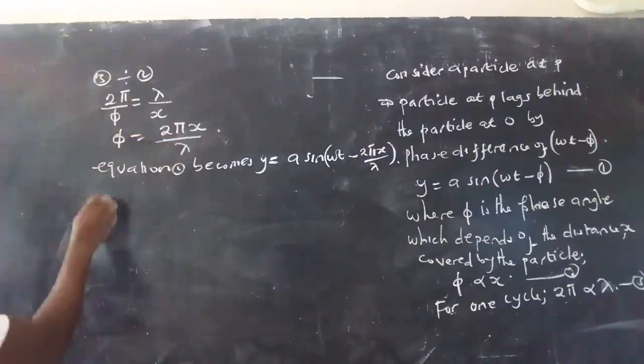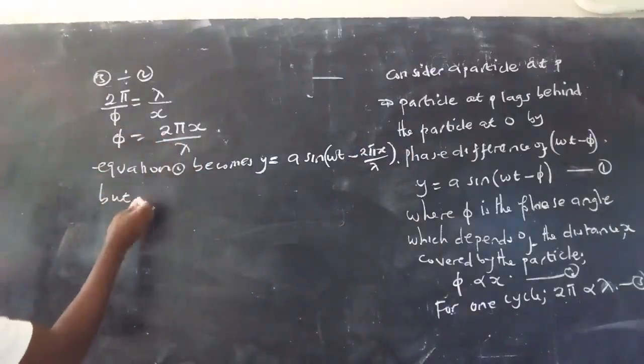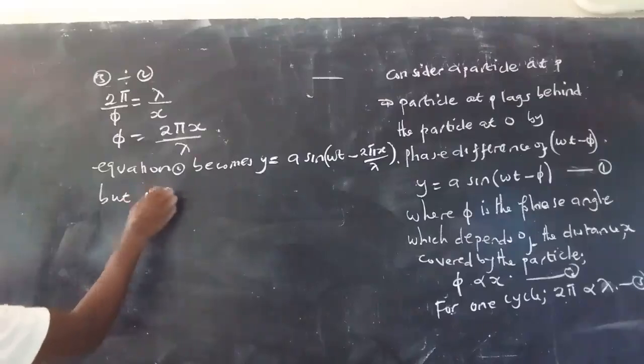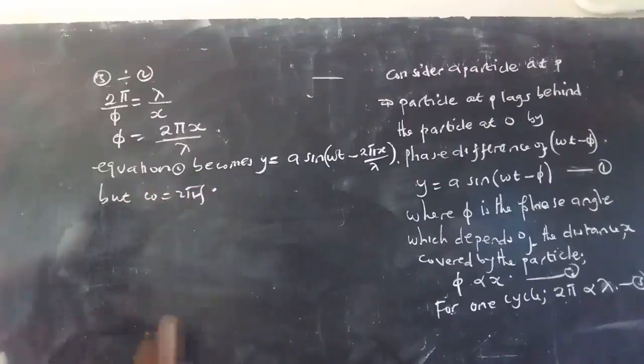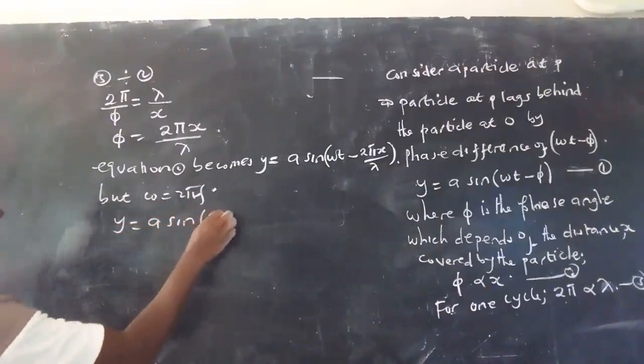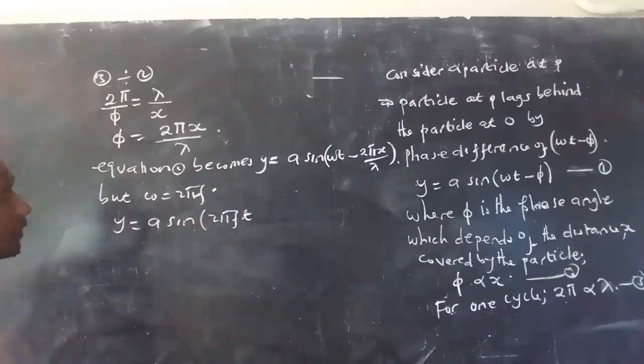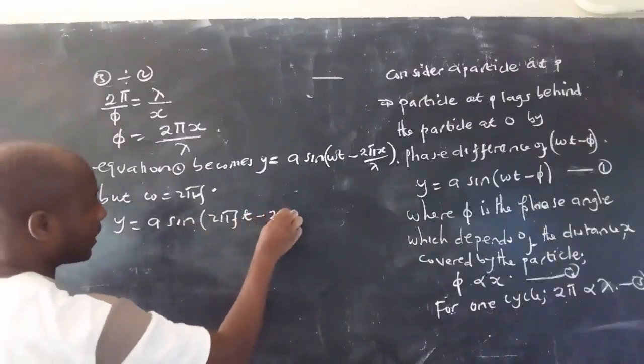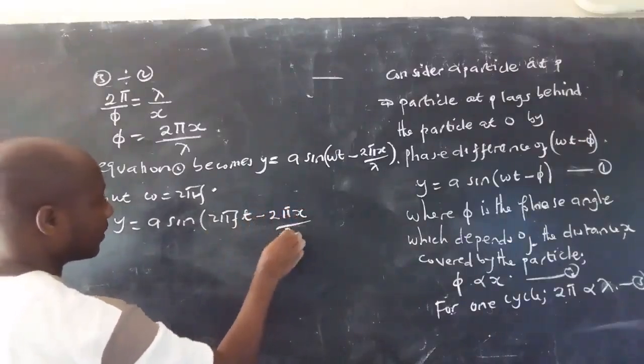But omega is equal to 2 pi f. So we shall have y equals a sin 2 pi f t minus 2 pi x over lambda.